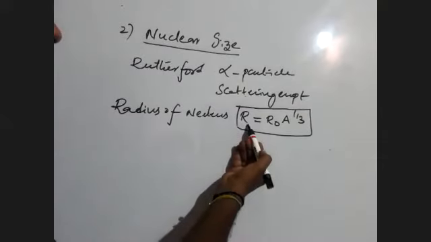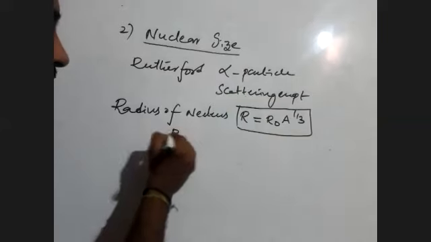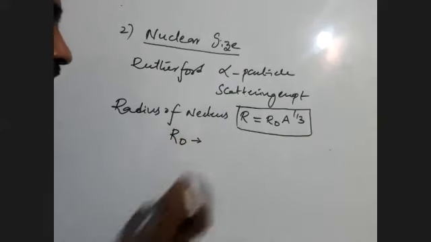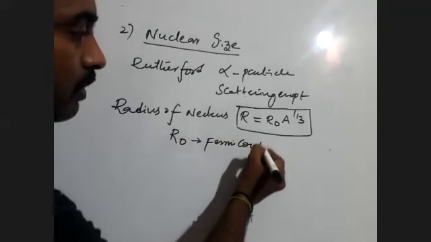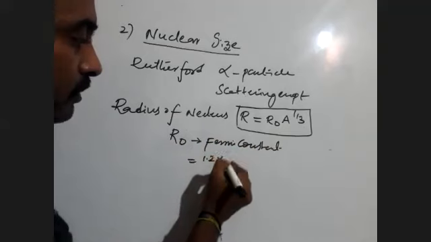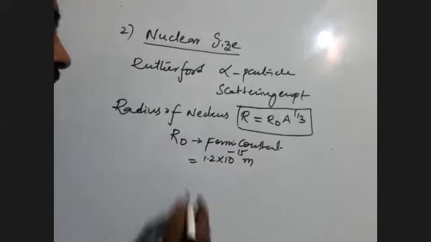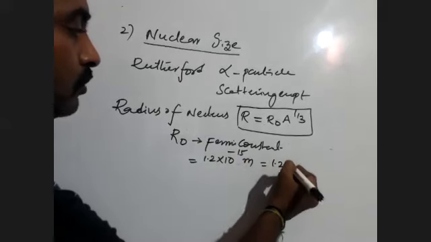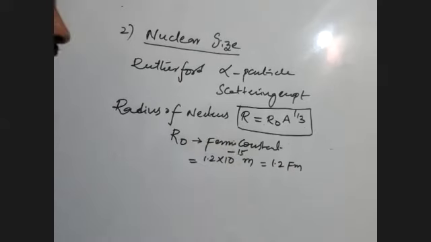The radius of the nucleus R is equal to R0 times A^(1/3), where R0 is the Fermi constant. Its value we generally take as 1.2 × 10^-15 meters, so R0 is 1.2 Fermis. 1 Fermi is 10^-15 meters.